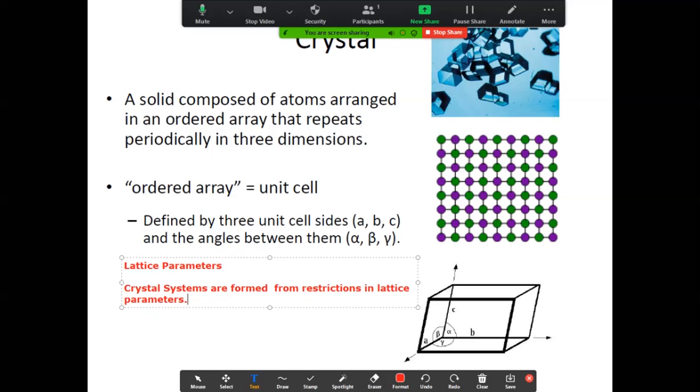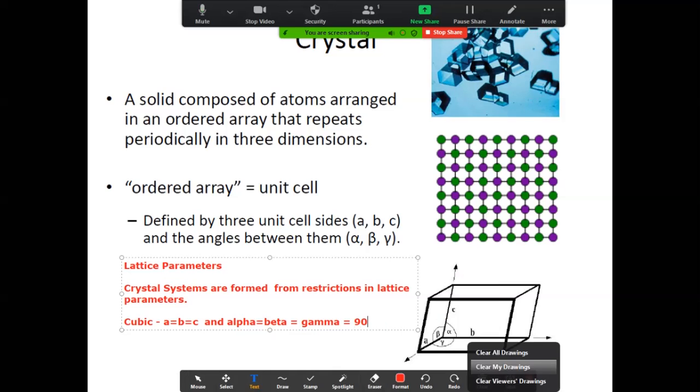To give you an example, cubic is when A equals B equals C and alpha equals beta equals gamma equals 90. These are the restrictions we place on the lattice parameters, which is consistent with the cubic crystal system. And we'll talk more about this later on in the course.